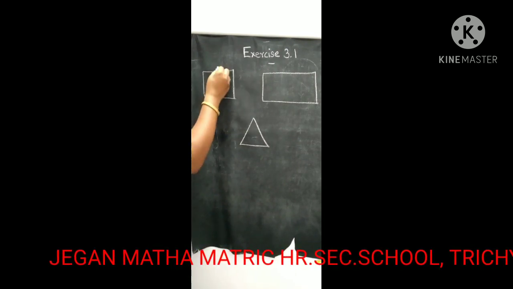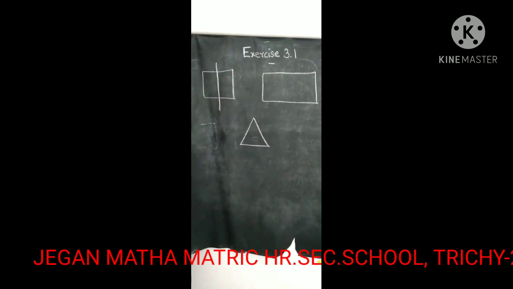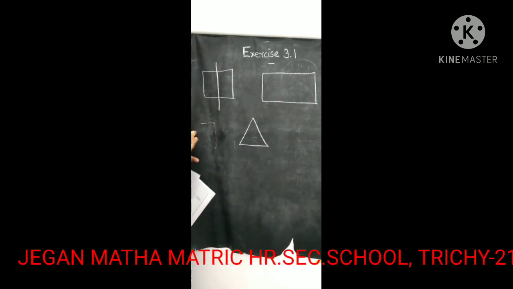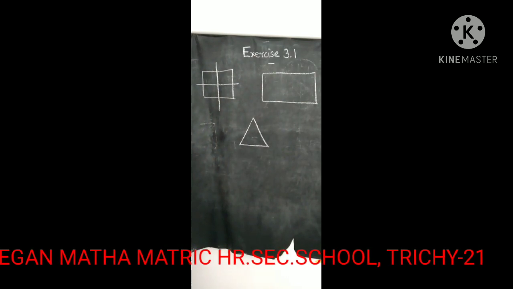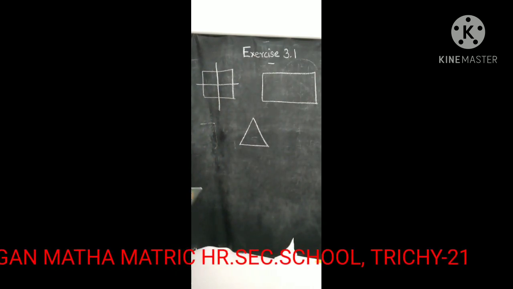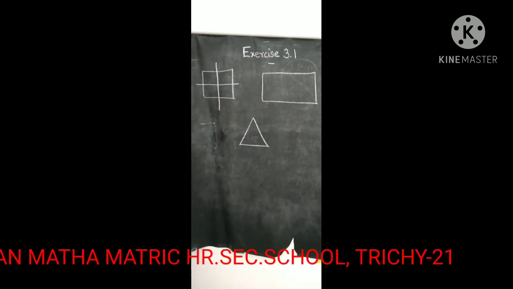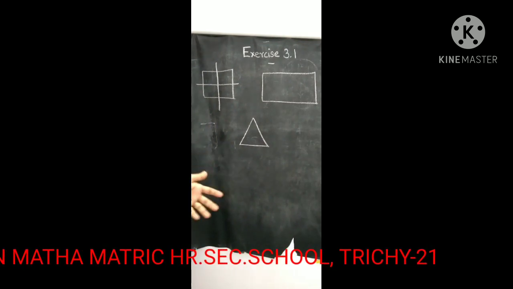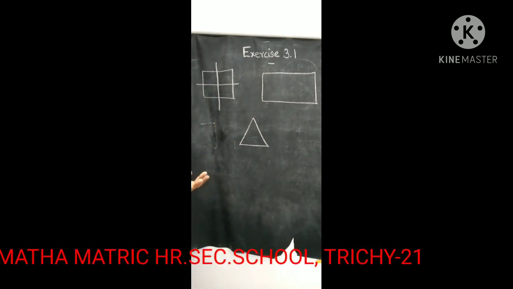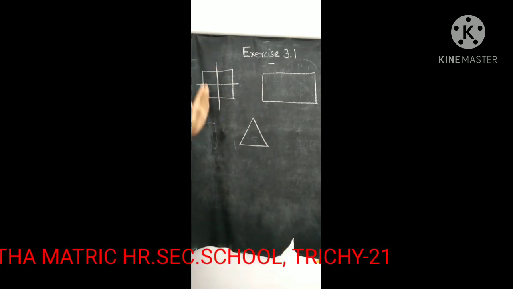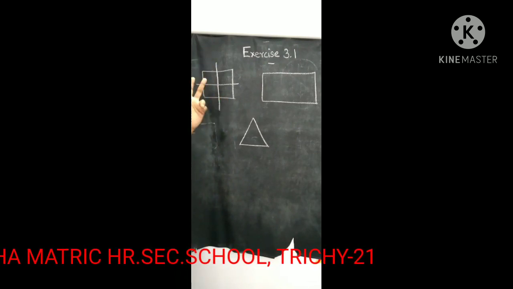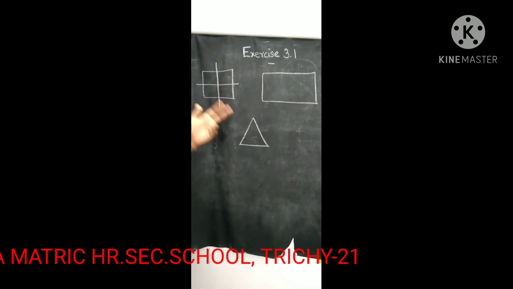So see, this is symmetric line 1 and this is symmetric line 2. Do you know what is meant by a symmetric line? A symmetric line divides any shape or object into two equal parts.